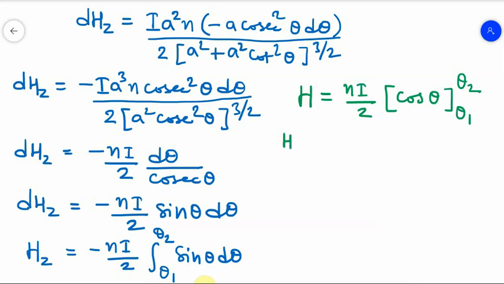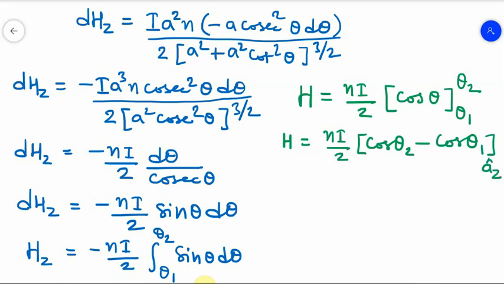So H will be equal to n I upon 2 into (cos theta 2 minus cos theta 1), and the direction will be az. Because if we write Hz, or if we simply write H, then we need to put the direction az.